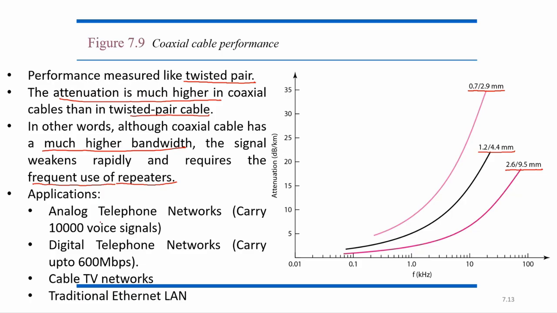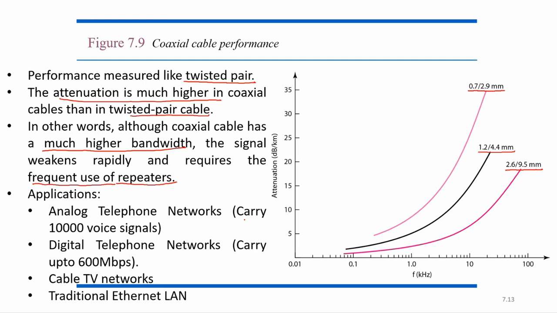Its application is analog telephone networks. You might have seen, once we connect the antenna cables to the TV, that is the dish TV, they have a single core in the medium, that is a single wire, and outside that there is a mesh type of structure. That is the second wire, and the first wire is the core wire in the center.